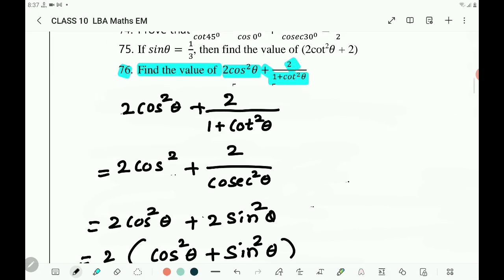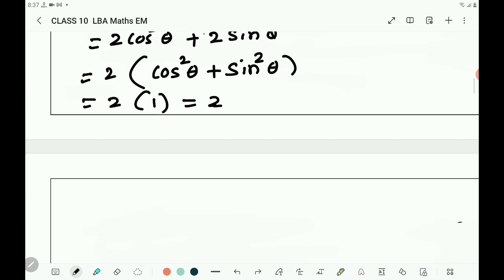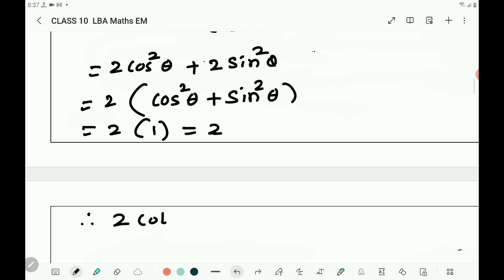Then what is the value of 2 cos square theta plus 2 by 1 plus cot square theta? Therefore it is equal to 2.